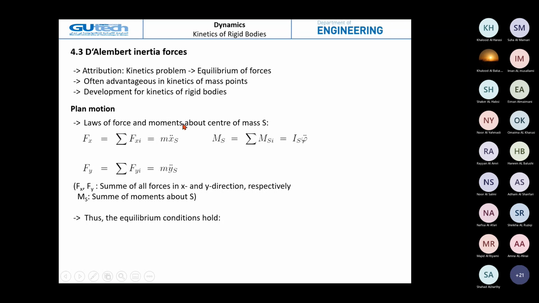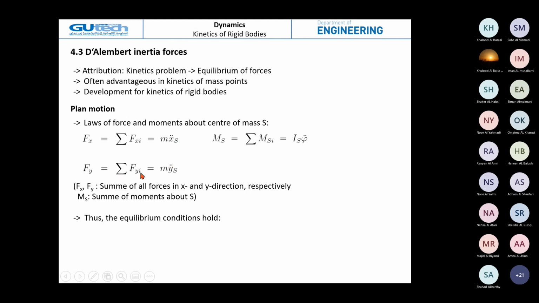Then we have the laws of forces and the moment about the center of mass S first. This is what we do because we have the rate of the angular momentum, where we have here a moment of inertia. It's given, or it's known about the center of mass. Then we make the sum of the forces first, where we have, for example, in x direction, the mass multiplied by the acceleration at the center of mass.